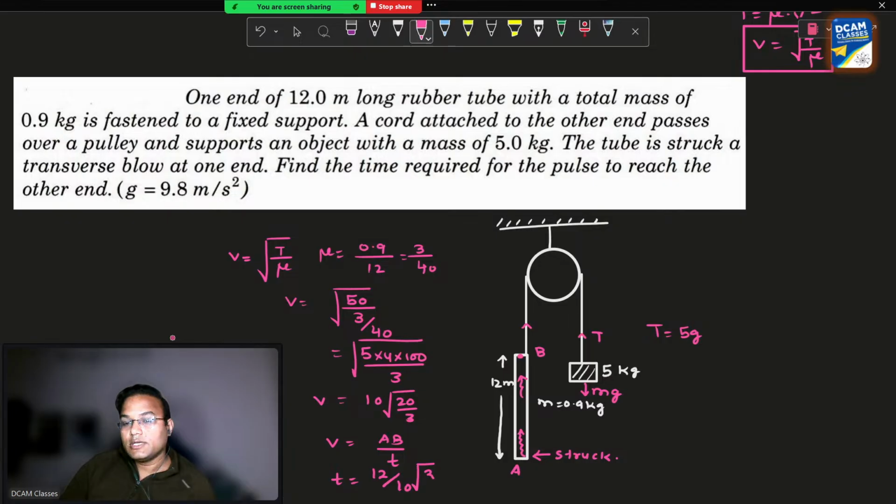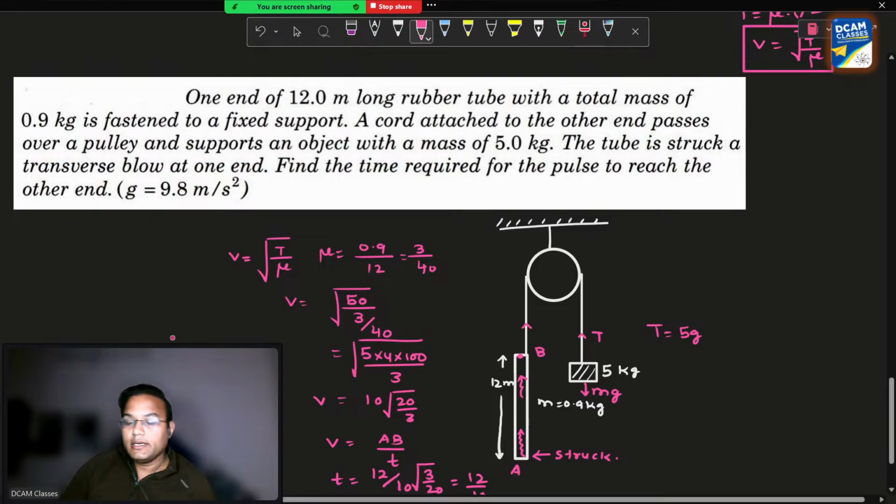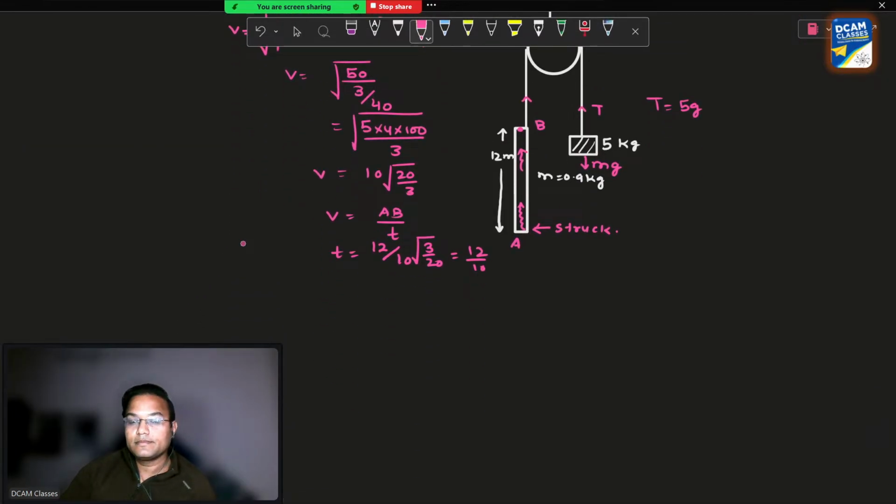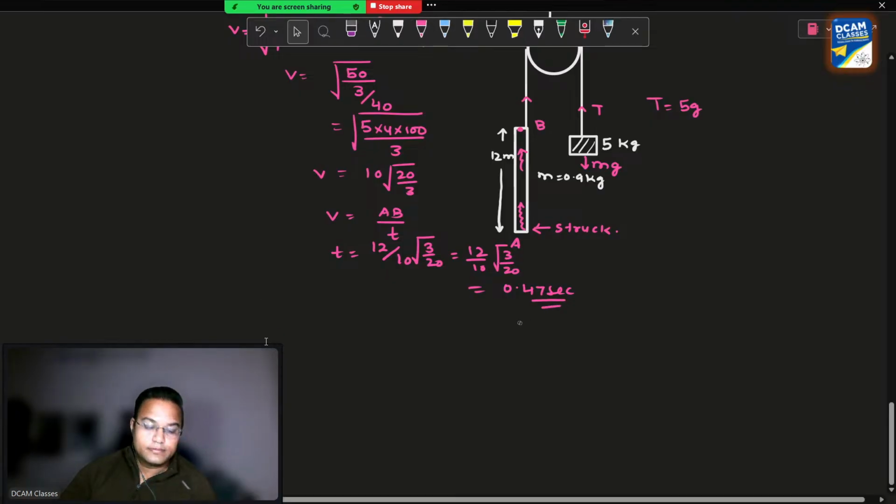So 3 by 20. If you calculate this, 12 by 10 root 3 by 20, it is 0.47 seconds, right? This only you have done now? Yes.